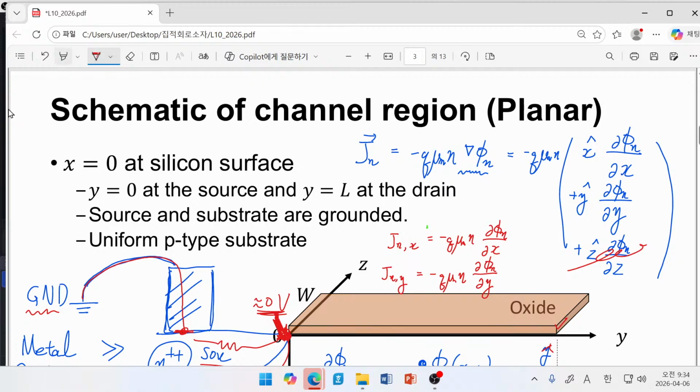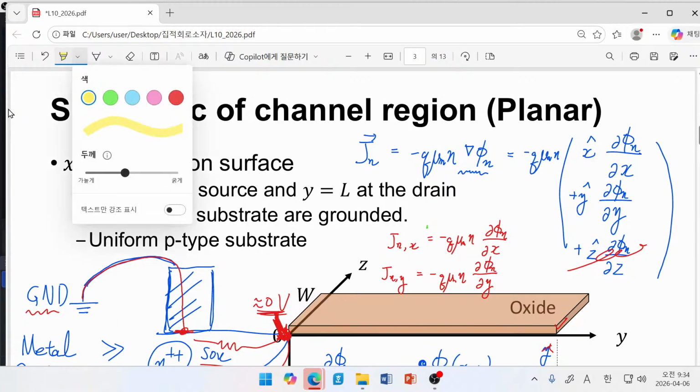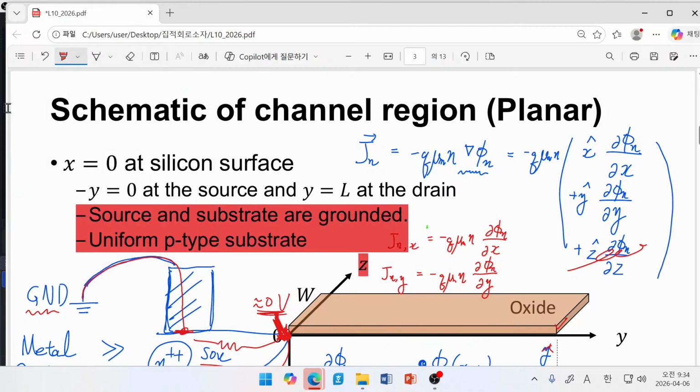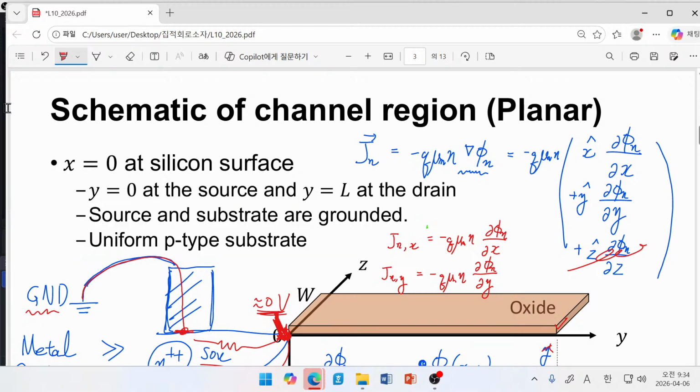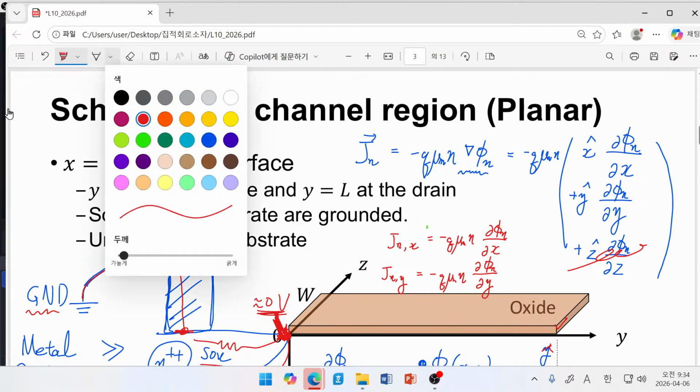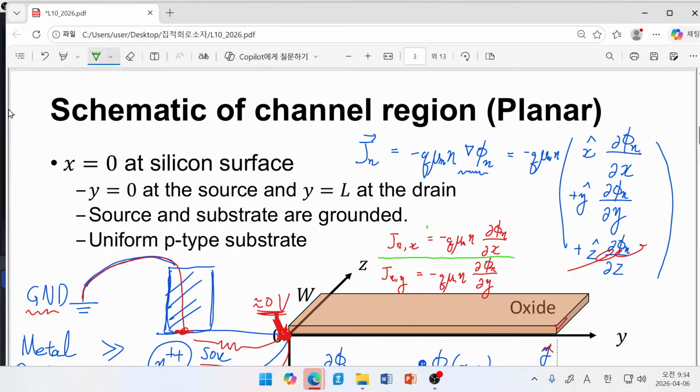Simply speaking, if we understand this kind of discussion, now we know that this x-directional, vertical directional current conduction is generated by the x-directional variation of electron quasi-Fermi potential.